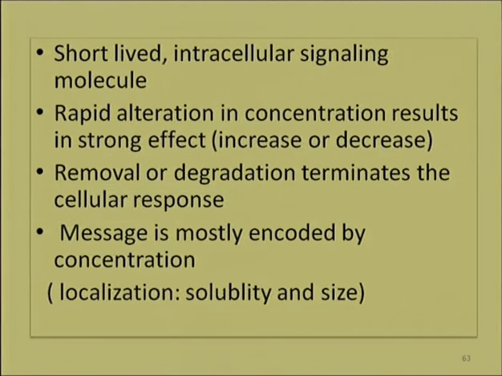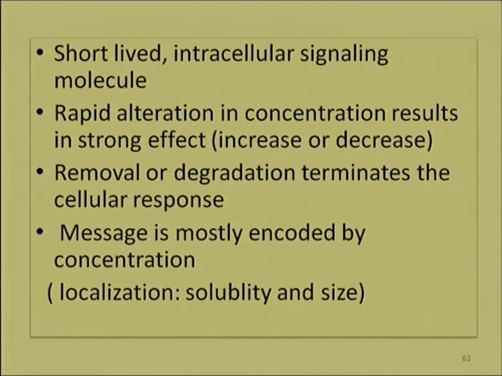Here in this part, we will see the various features of secondary messengers. Secondary messengers are very short-lived. They remain active for some microseconds, and then they bring about whatever change is required. They will activate certain protein kinases and then become inactive.